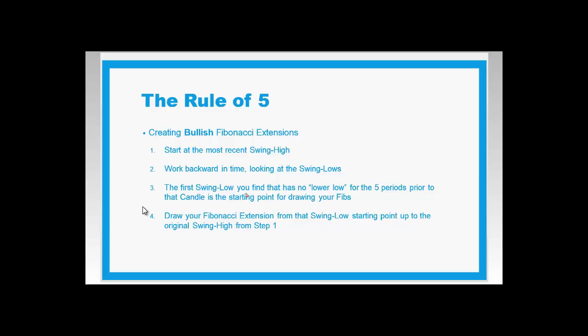The first swing low that we find that has no lower low for 5 periods prior to that candle is going to be our starting point. That is our lower left. We draw up and to the right to our original starting point, which was that first swing high we found. And that's going to allow us to draw our retracements and extensions.